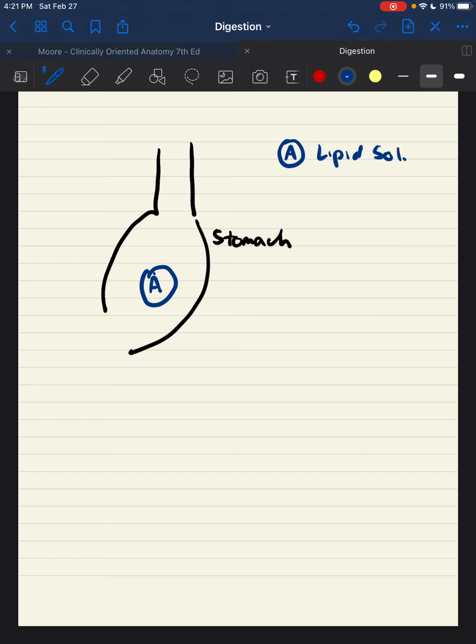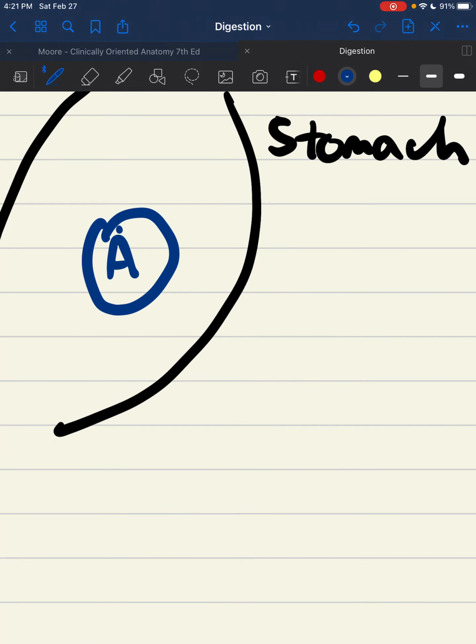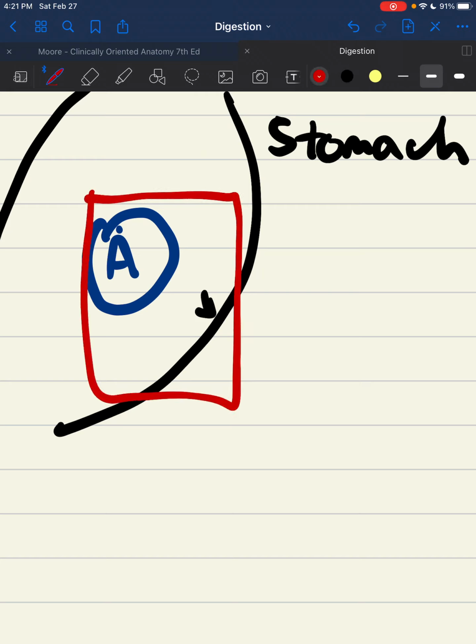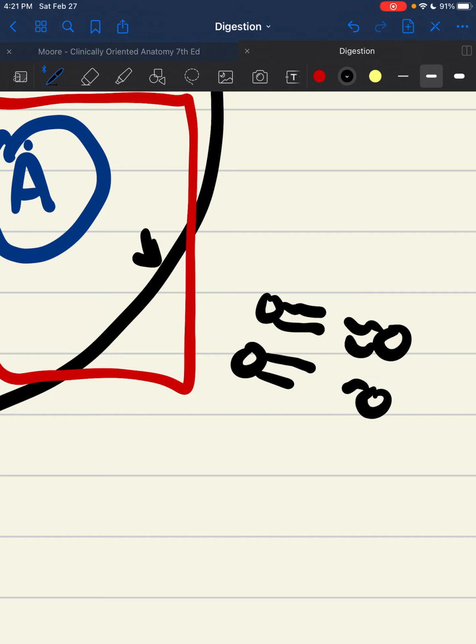So the reason aspirin can go through the stomach in its lipid-soluble form is because if you zoom in on a stomach cell, remember the structure of a cell membrane.